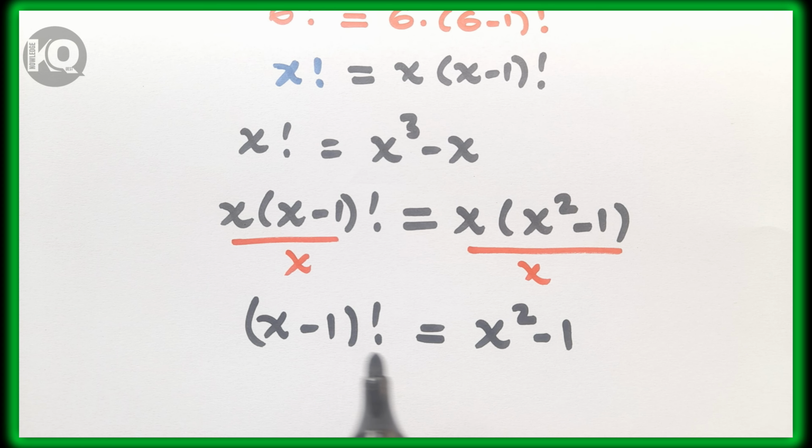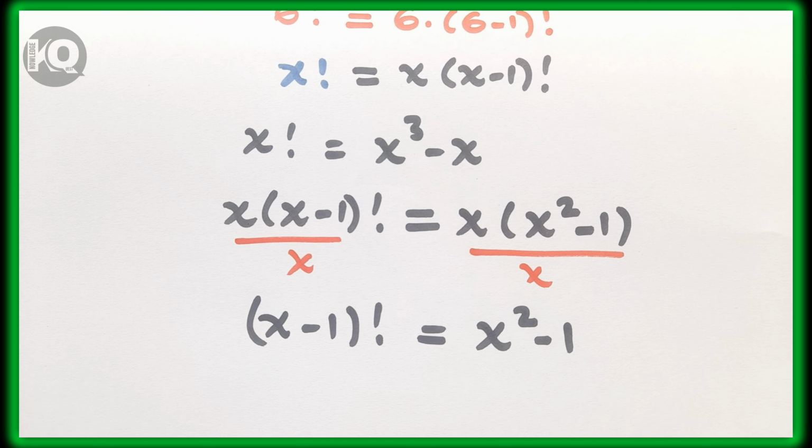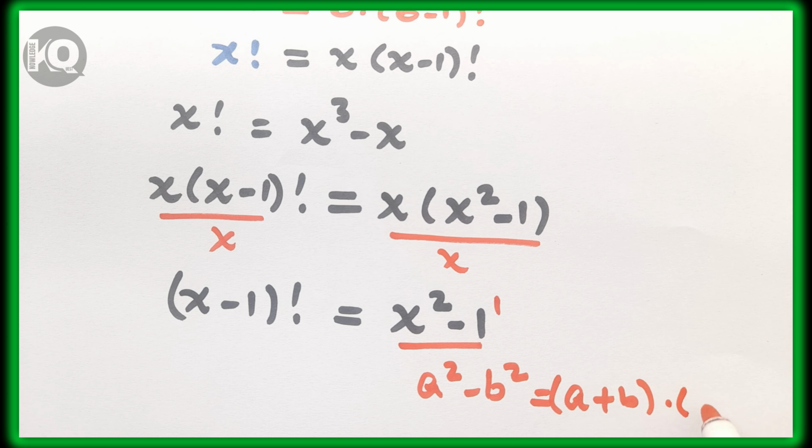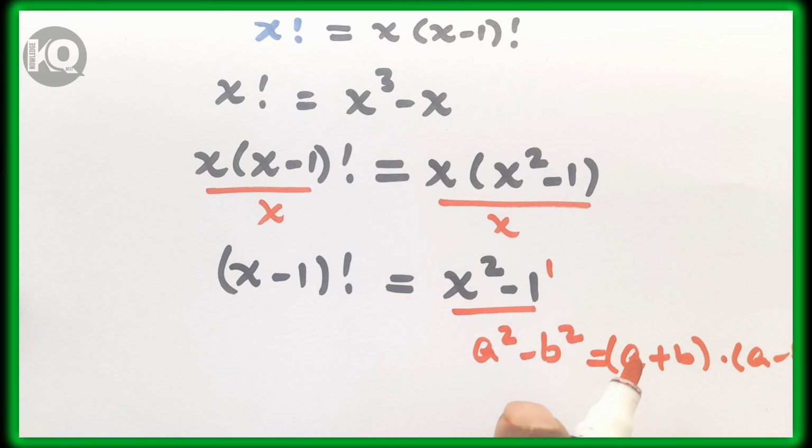Now let's simplify further, because this x squared minus 1 is in the form of a squared minus b squared, since 1 is 1 squared. So this is a plus b times a minus b.